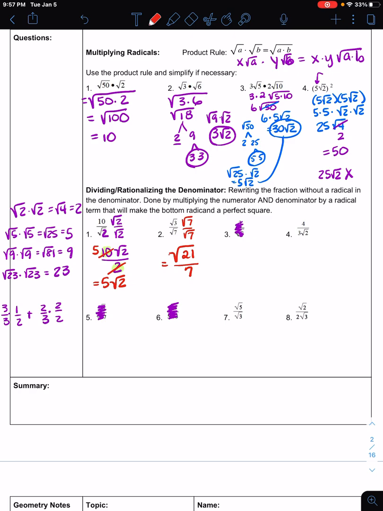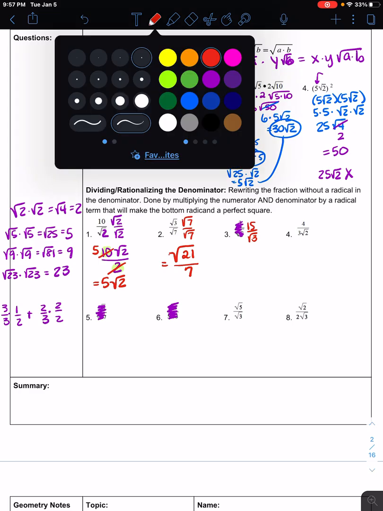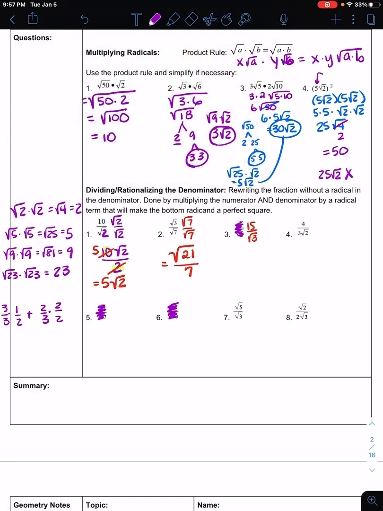Let's look at maybe this one. Let's do 15 over the square root of 3. So again, I need to get rid of that radical. So I'm going to multiply by the square root of 3 over the square root of 3. So 15 times the square root of 3, you just write that down again, 15 root 3, over root 3 times root 3, which we can shortcut.